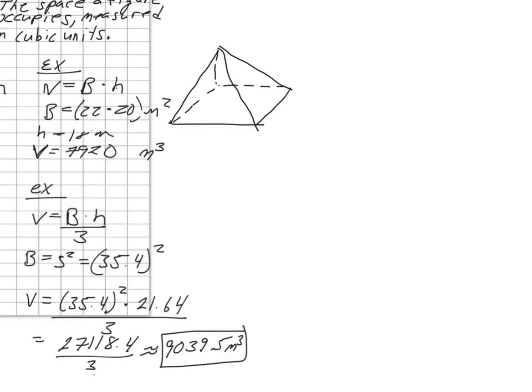On this pyramid, this is a 40 foot by 40 foot base. I'm going to do a slant length here, and that slant length is going to be 25 feet. So if I want to know the volume of this, my formula says volume is equal to area of the base times height. Height is not slant length.